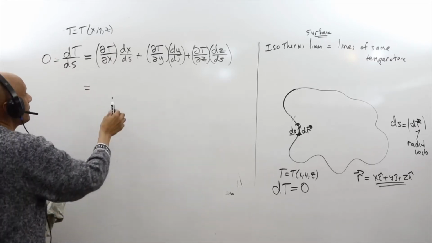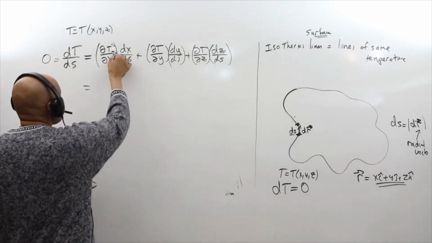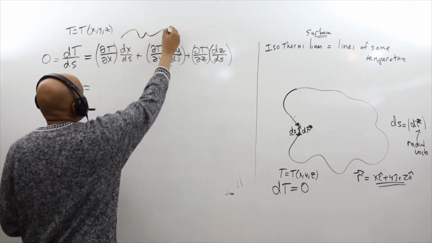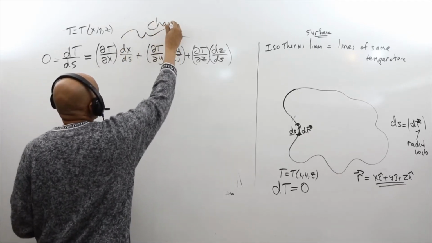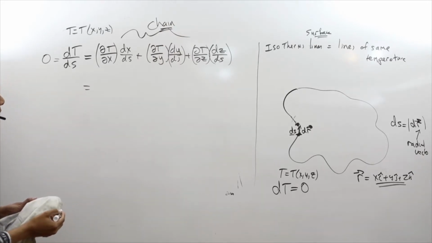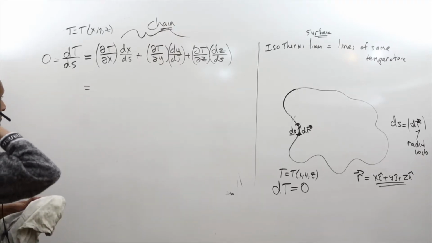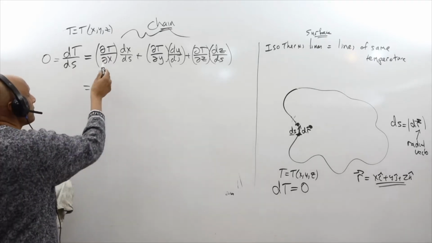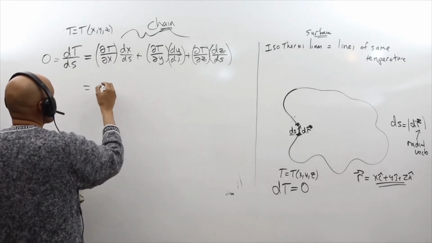But I also know this is the chain rule in multivariable calculus. We've taken T as a function of x, y, and z. But if you look at it very carefully, this looks very familiar.